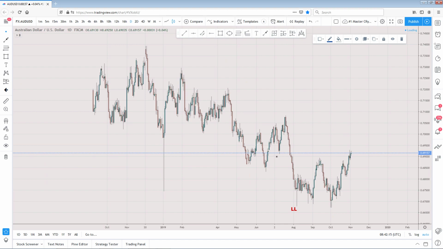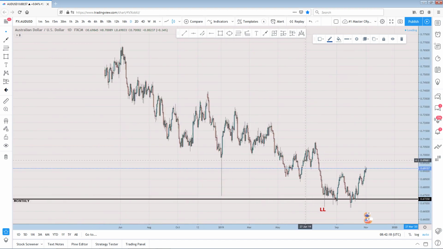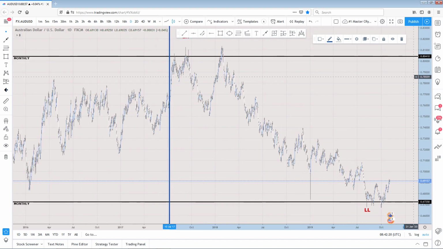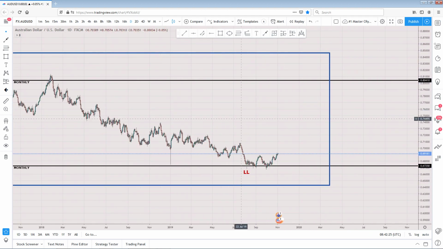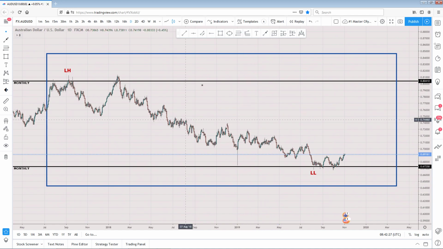So let's drop down to the daily. Now that I drew that box, you can see that within that structure on the weekly, between the lower high and the lower low, we now have structure within the structure.